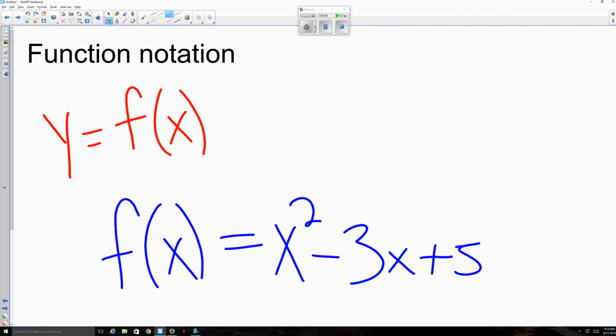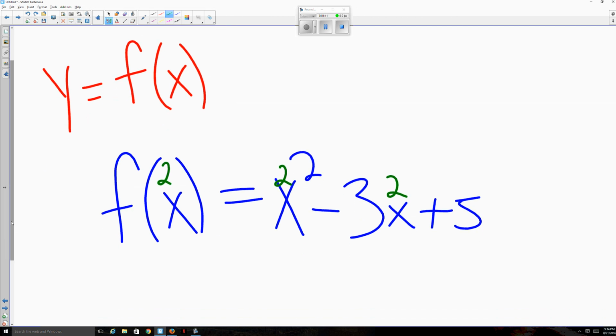It means if I put a 2 in here, everywhere there's an x, I'm going to put a 2 in there. And so this expression now becomes 2 squared minus 3 times 2 plus 5.